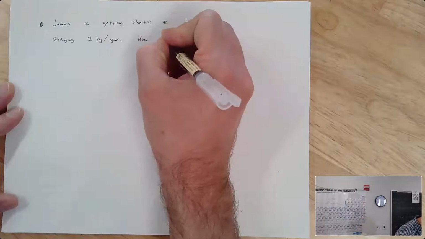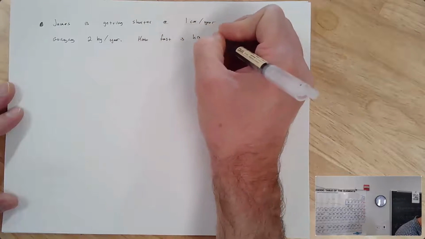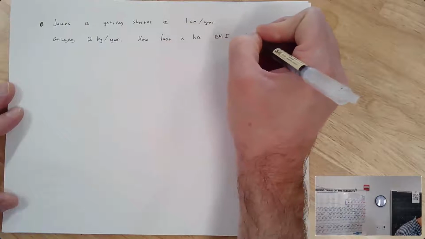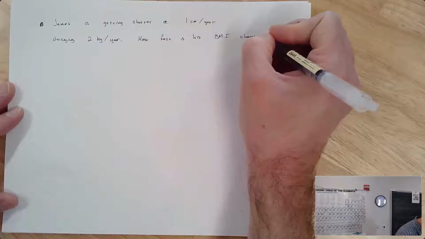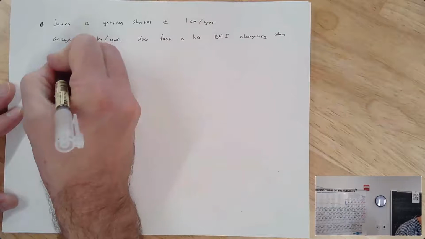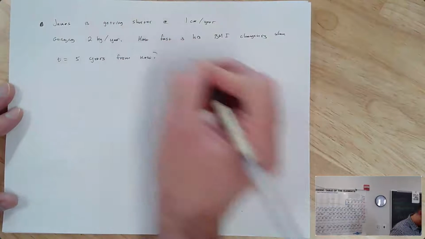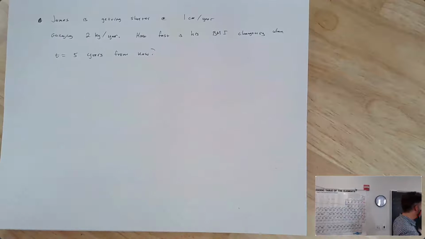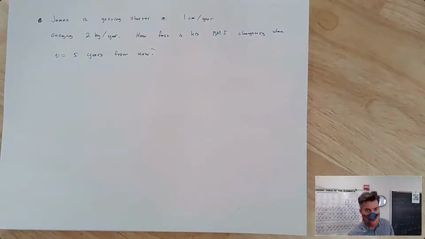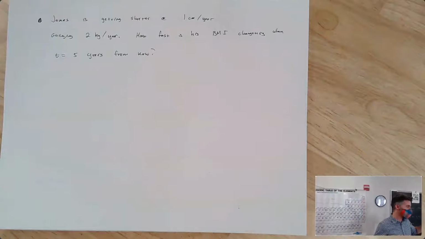How fast is his BMI changing when time equals 5 years from now? And I will tell you the BMI equation because you probably don't know it off the top. Most formulas we deal with are geometric formulas, but sometimes there are other things like BMI, or another good one is Boyle's law that relates pressure, volume, and something else.